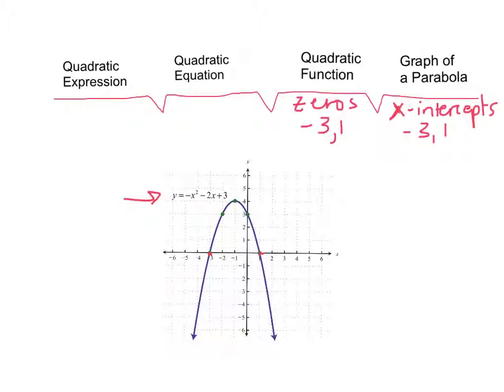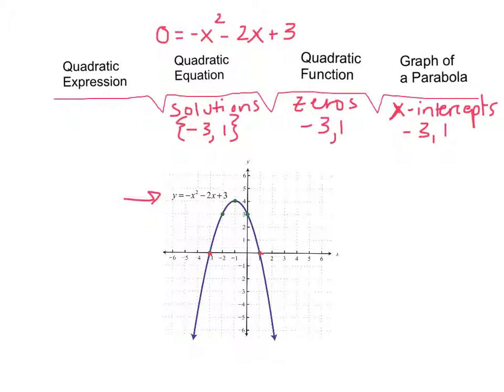And I wanted you to see the relationship there. The x-intercepts are the zeros. If we think of this as an equation where we would take and make it 0 equals -x² minus 2x plus 3, the solutions would again be -3 and 1.